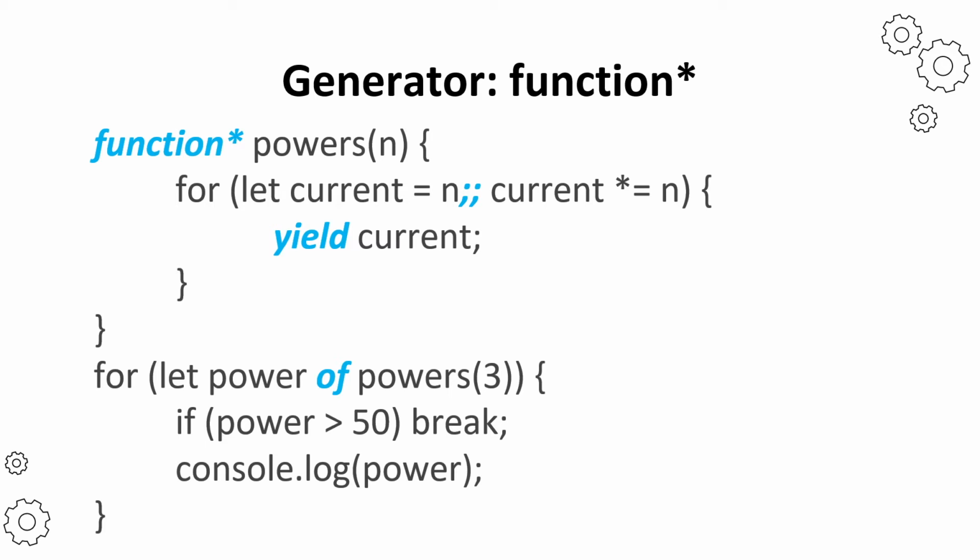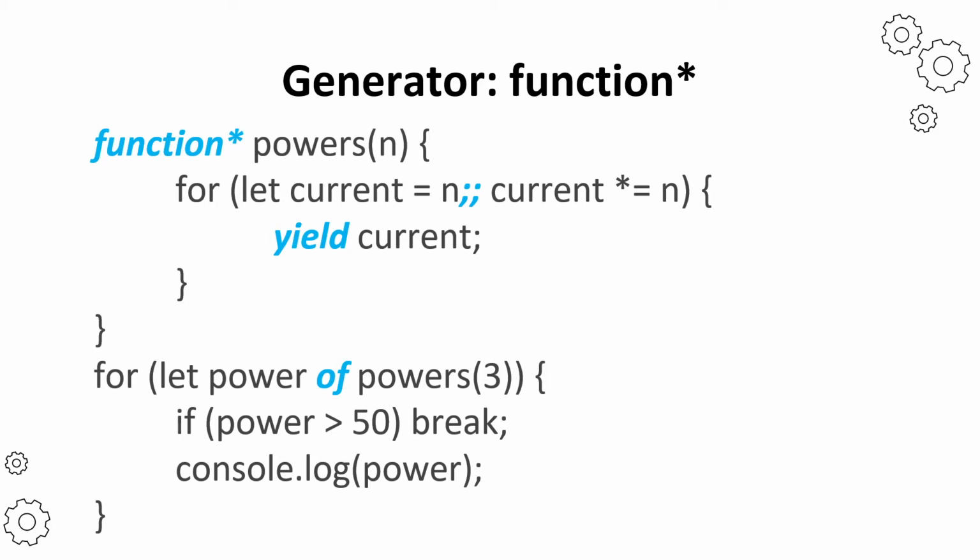In JavaScript, we have another way to create an asynchronous function, which is to use a generator function. We define a generator function by putting an asterisk after the function keyword.